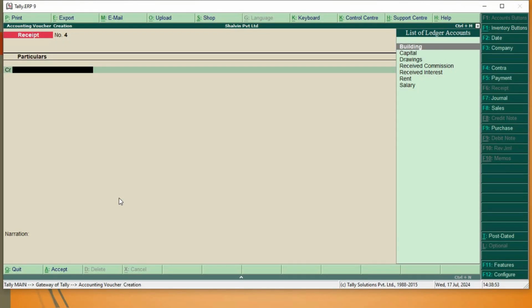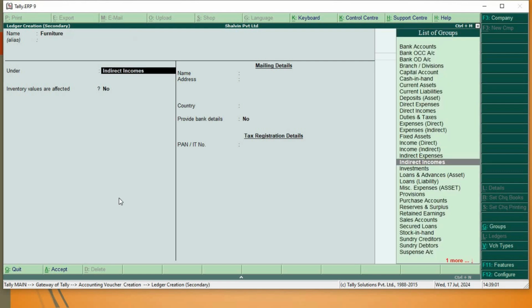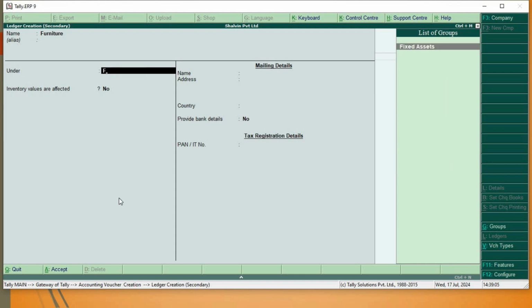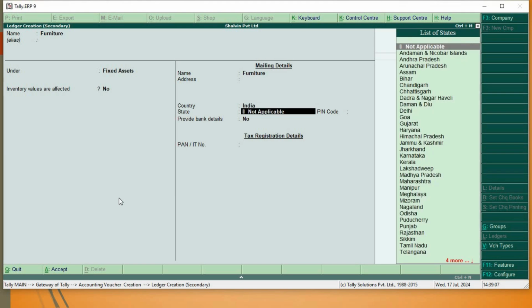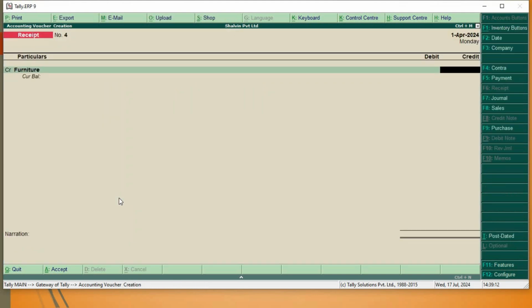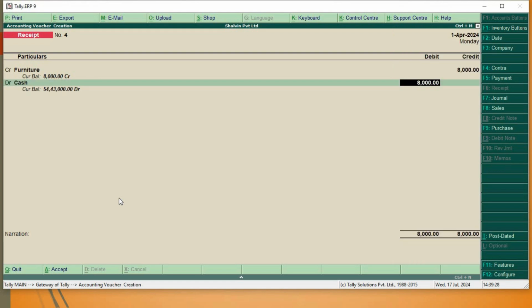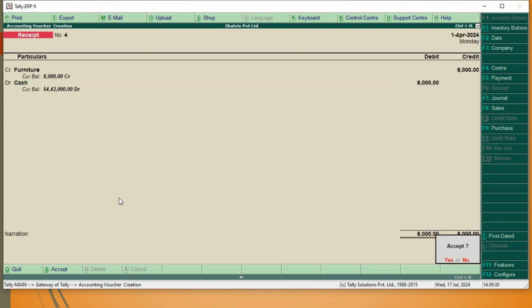So we are going to create a ledger by name furniture using Alt C. Furniture is under fixed asset group, and just accept this. Amount is 8,000 and the other entry will be cash account.